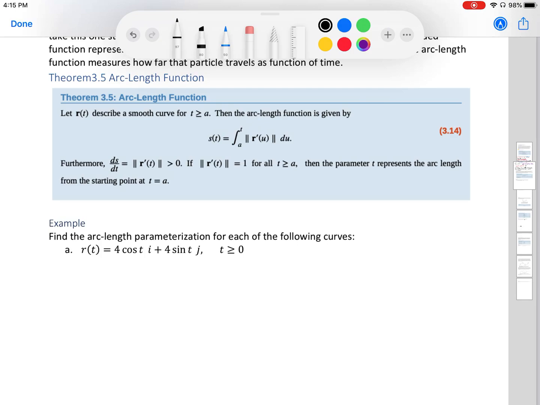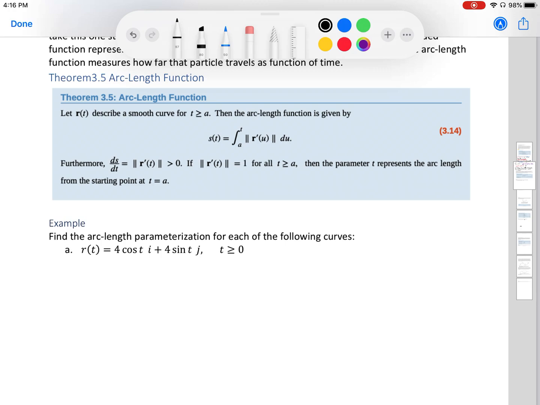All right, find the arc length parameterization for each of the following curves. Let's take a look at this example A. According to our definition above, if I want to find the arc length, I have to take the derivative and apply that magnitude rule to the derivative as you apply the integral.